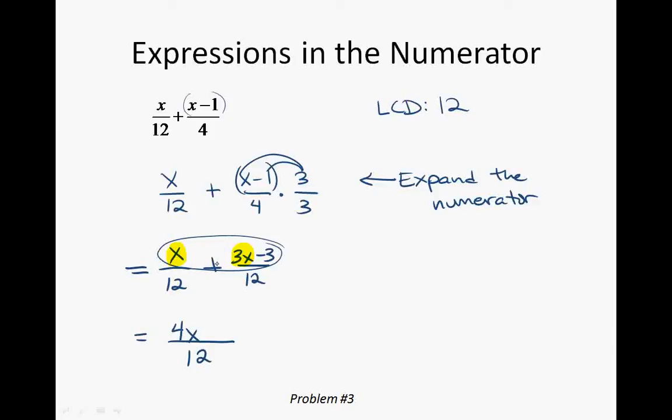And then we have plus negative 3. Well, plus negative 3 is minus 3. Once we've done this, there's nothing else that will simplify. 4x minus 3 doesn't factor any further, so I can't cancel out that 4 over the 12 or the 3 over the 12. Leave it alone. Your final answer is 4x minus 3 over 12.